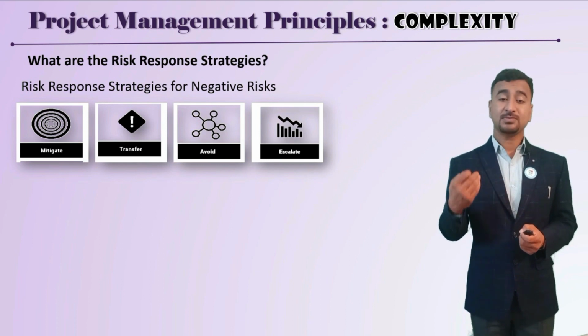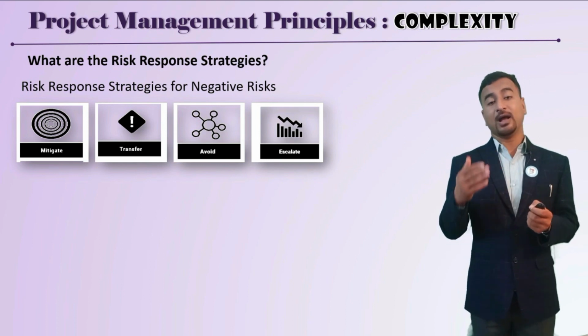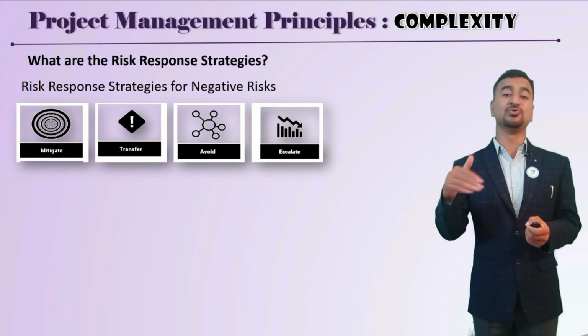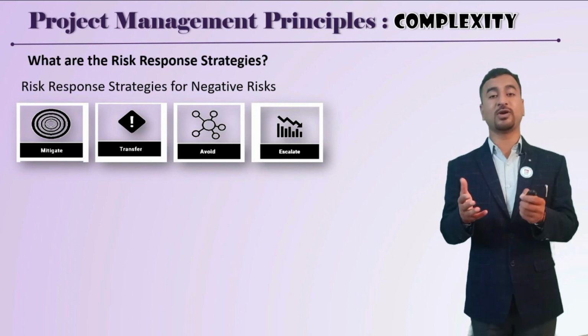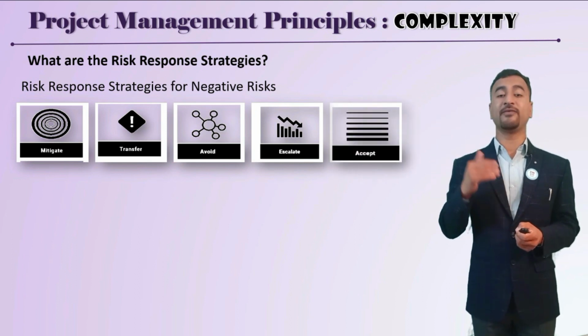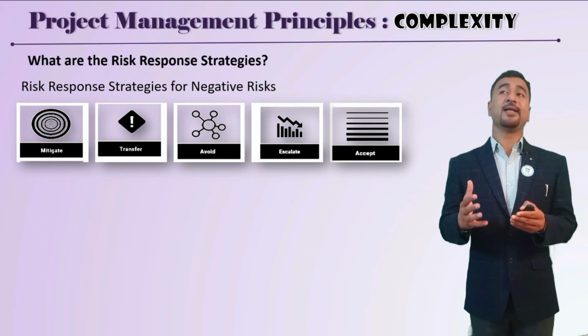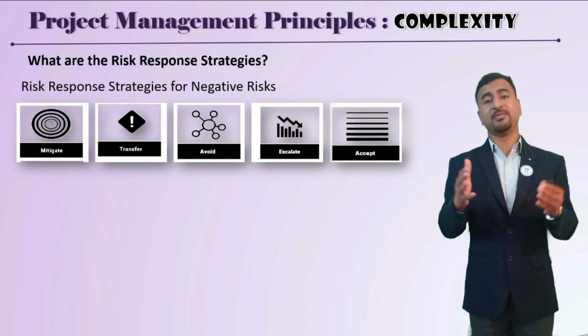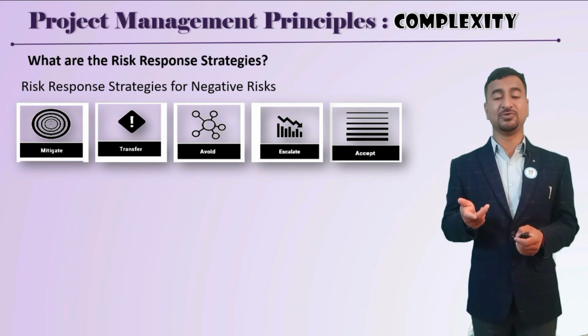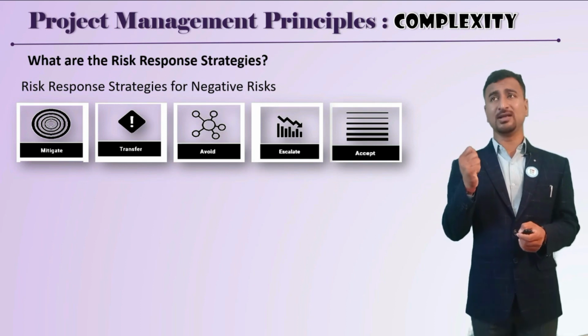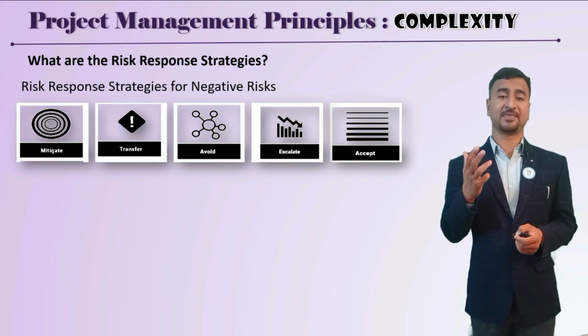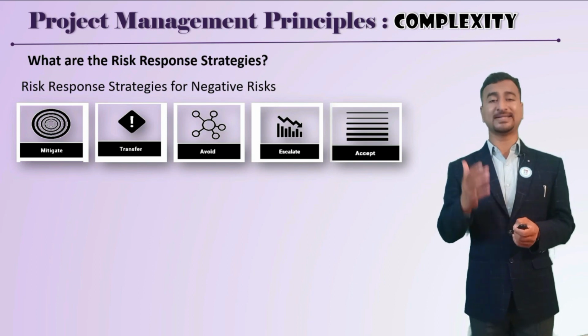And finally, you can escalate that risk to the higher authority because it's not in your control. And finally, accept that risk. You design and implement all that, but beyond that there is some residual risk, like the probability of an earthquake happening. So you accept that.